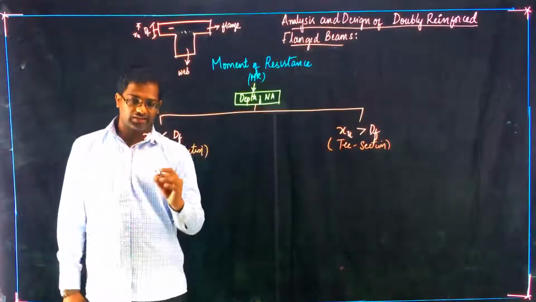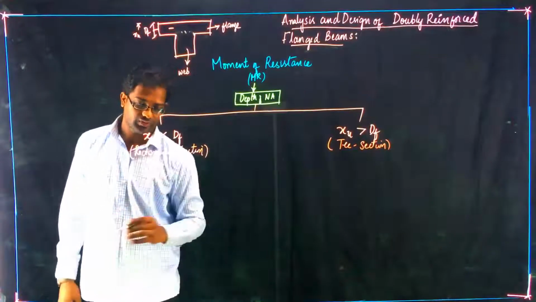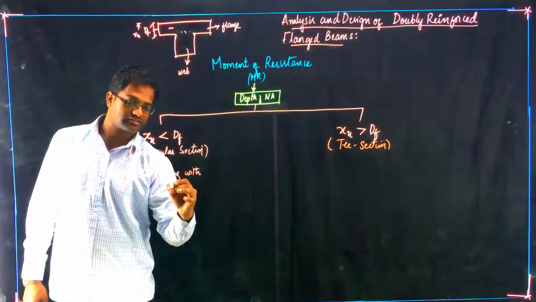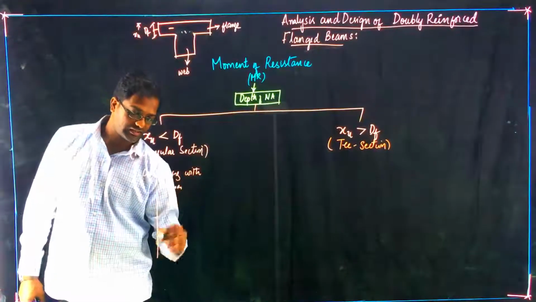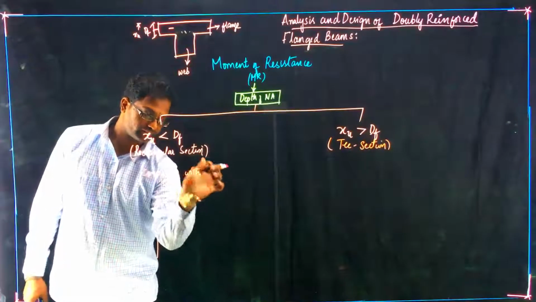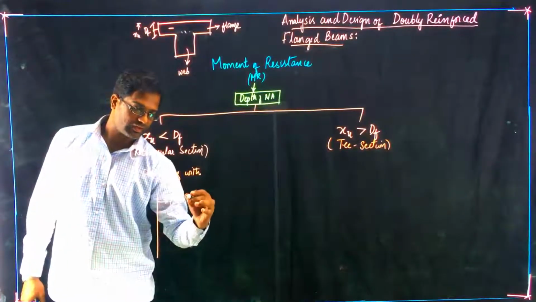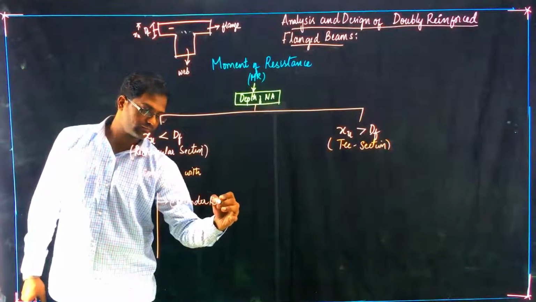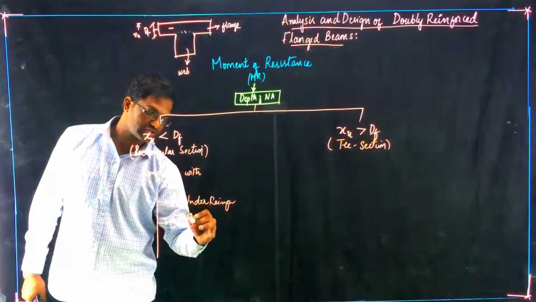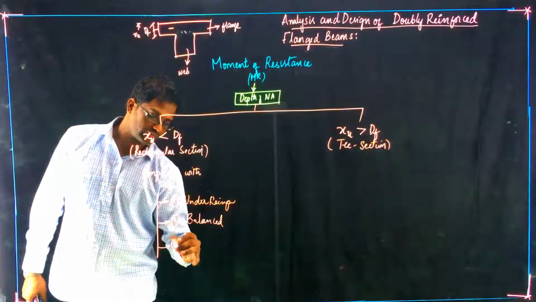So again by comparing with the limiting neutral axis, you can categorize into three sections: under reinforced, balanced section, and over reinforced.